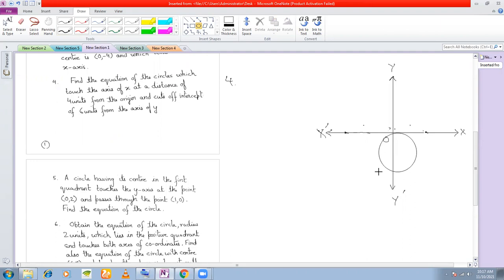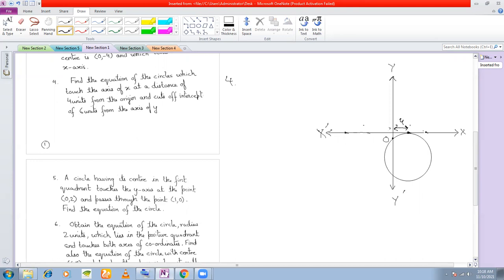Yes. So this should be a circle. Yes. So this distance where it touches, let's say this is 4 units.